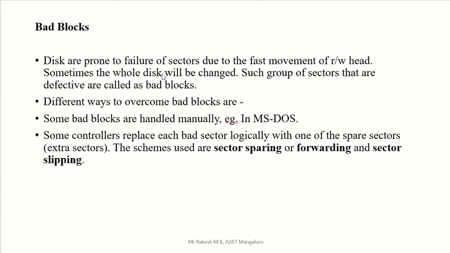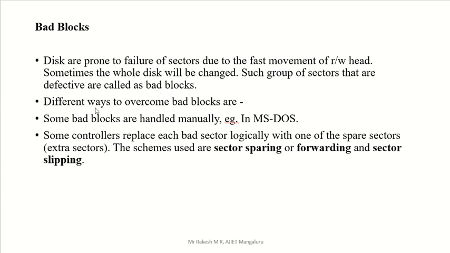If there is any problem, we have to change the entire disk. Such a group of sectors that are defective are called bad blocks. Because of some read and write head problem, some of the sectors may have defects. At that time, those defective sectors are called bad blocks.